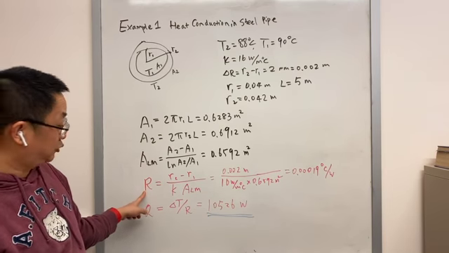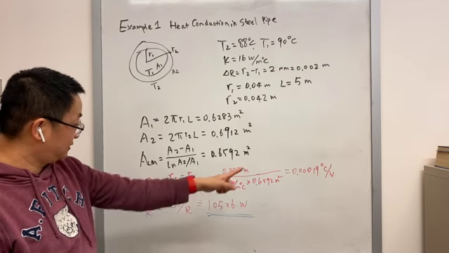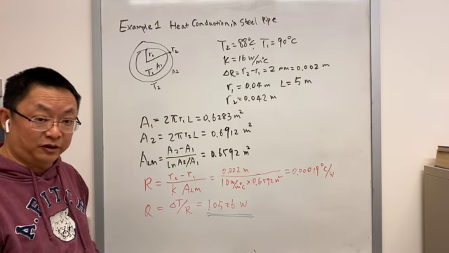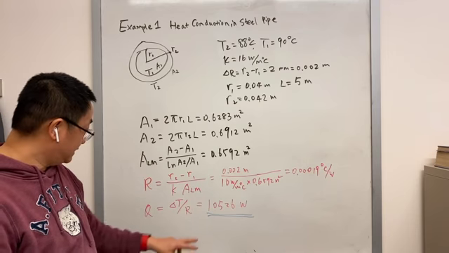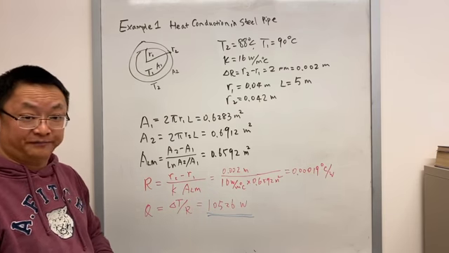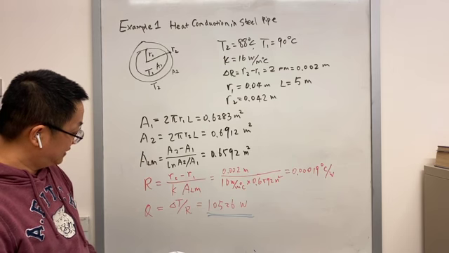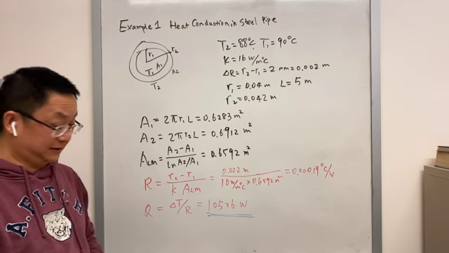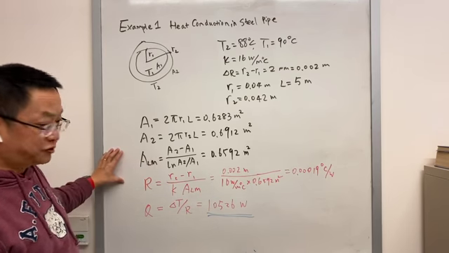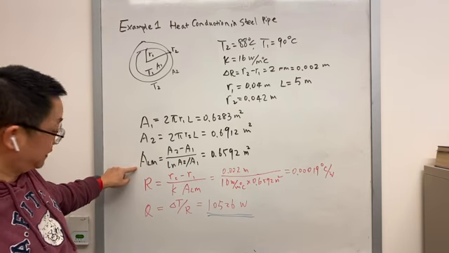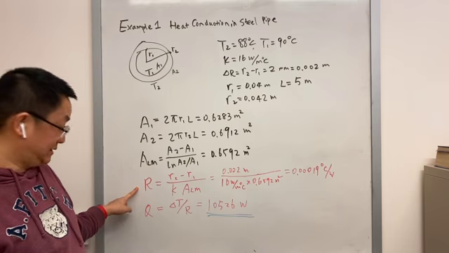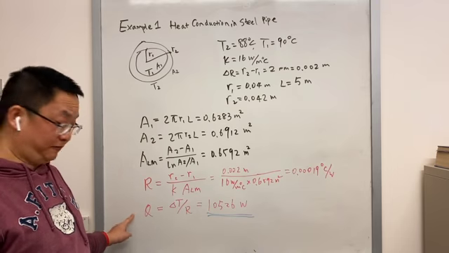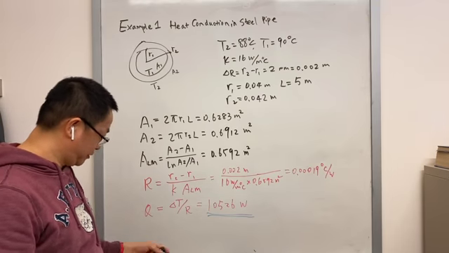T1 minus T2 is 2 degrees Celsius, and R is 0.00019 degrees per watt. Then we can calculate our heat flow is 10,526 watts. So it's very straightforward. The key here is to figure out what our log mean area is. Then we can calculate our thermal resistance, from which heat flow follows very straightforwardly.